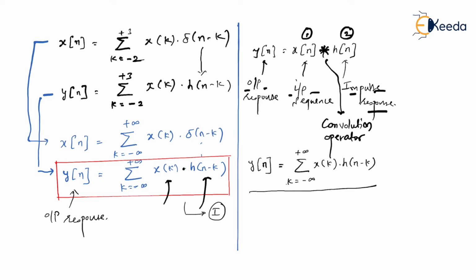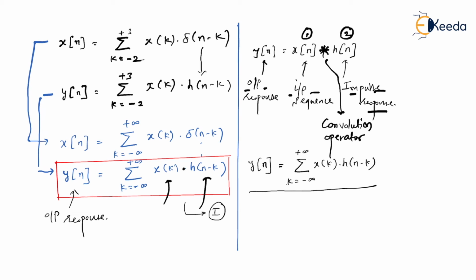Then you can express y of n is equal to x of n convolution with h of n, because x of n is what you apply, so you know your input sequence, and h of n, which we call the impulse response, is already known to you. So if the impulse response is known, you can determine the output y of n as x of n convolution with h of n.